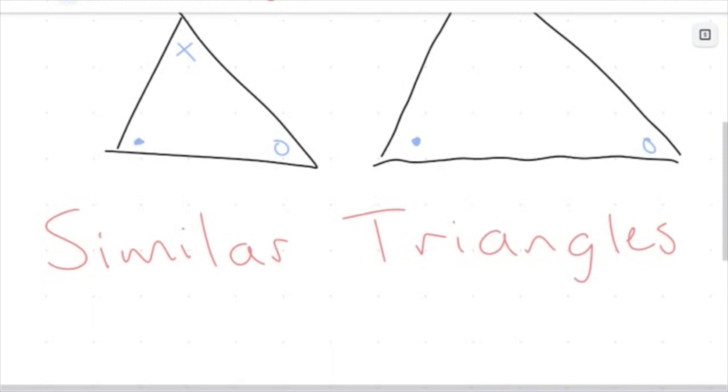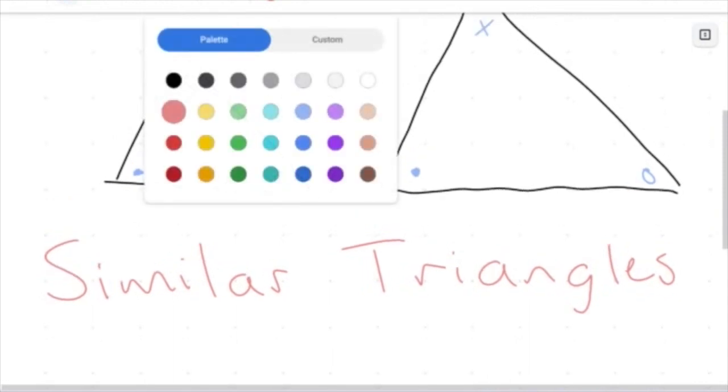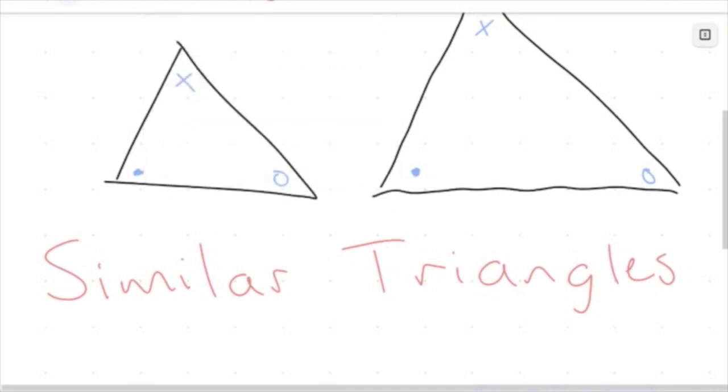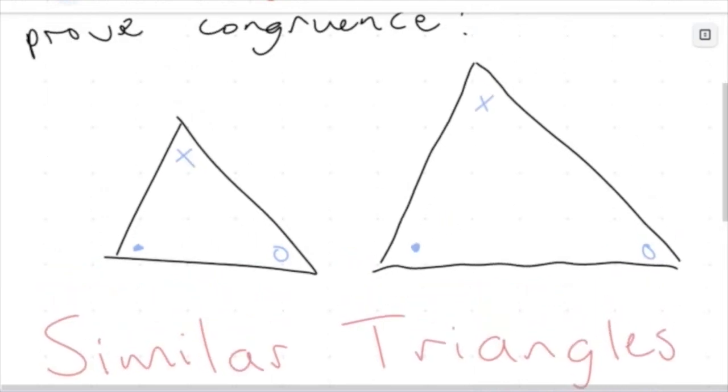Now, these ones here, they are the same in a sense where they have the same shape. You can see these two that I've drawn here. They do resemble one another, but they're not identical, right? One is bigger than the other.